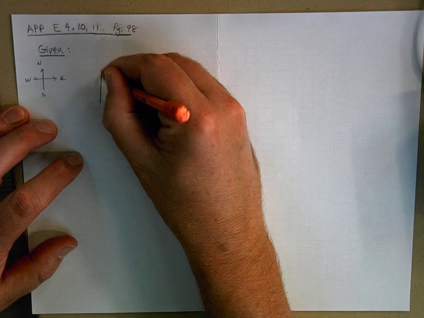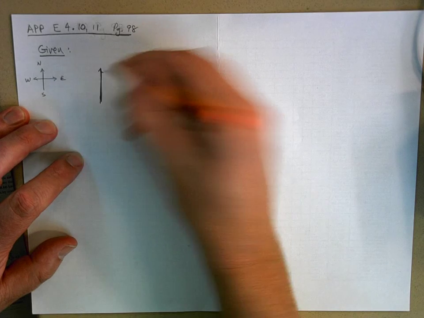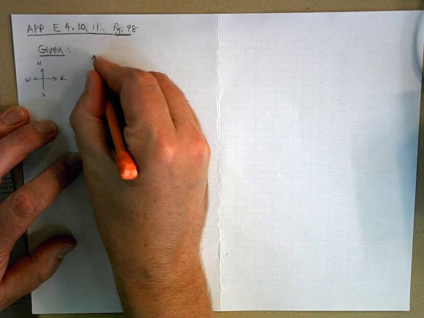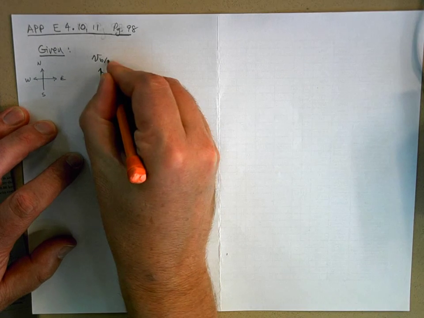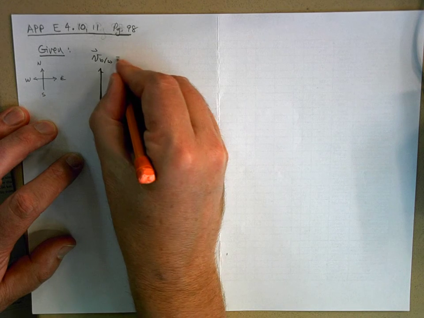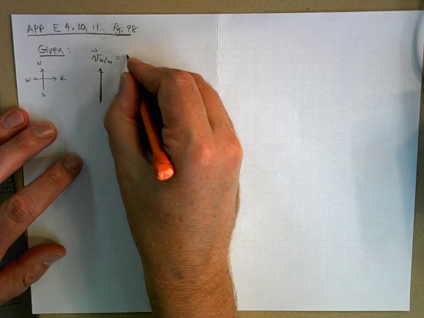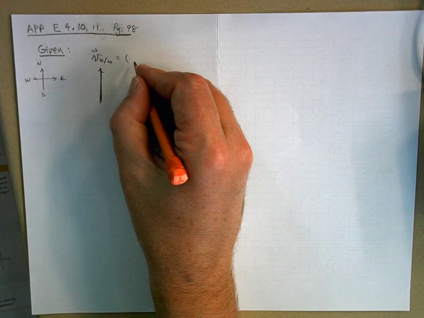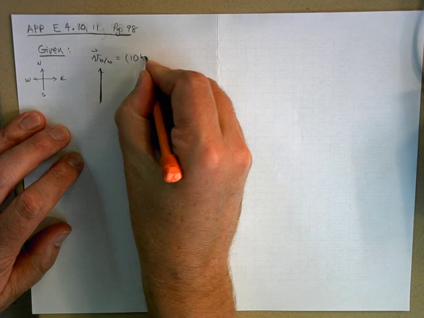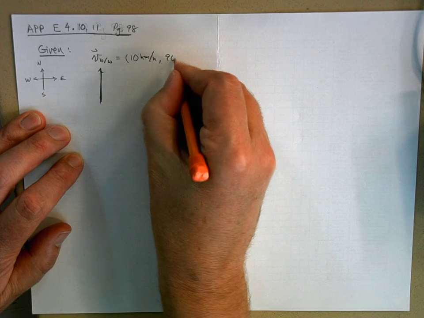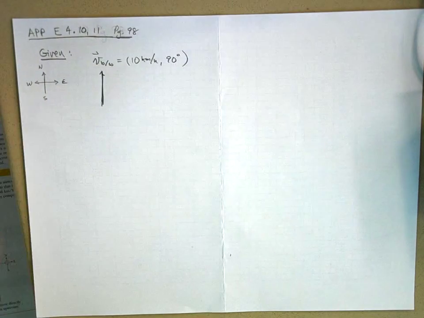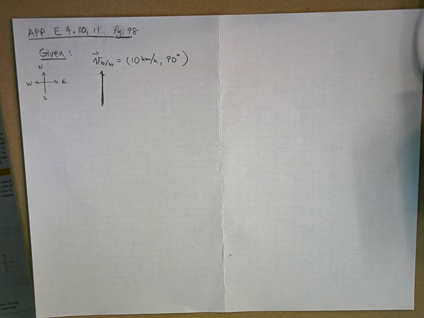So this is the velocity of the boat compared to the water, and it has a magnitude of 10 kilometers per hour. And we'll just say 90 degrees, because I like to use polar coordinates. 90 degrees is due north.